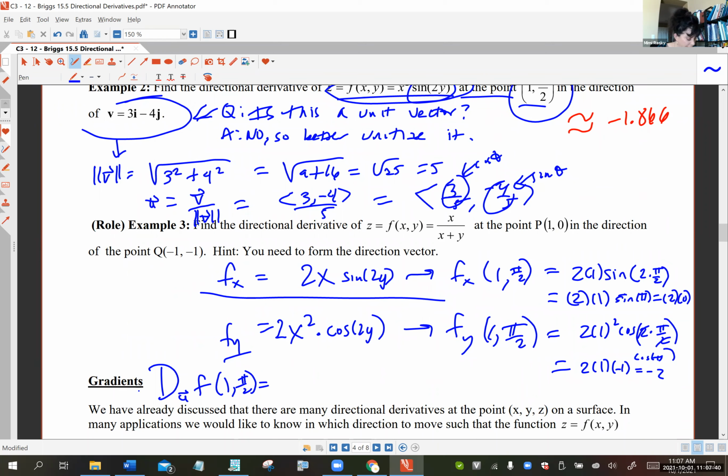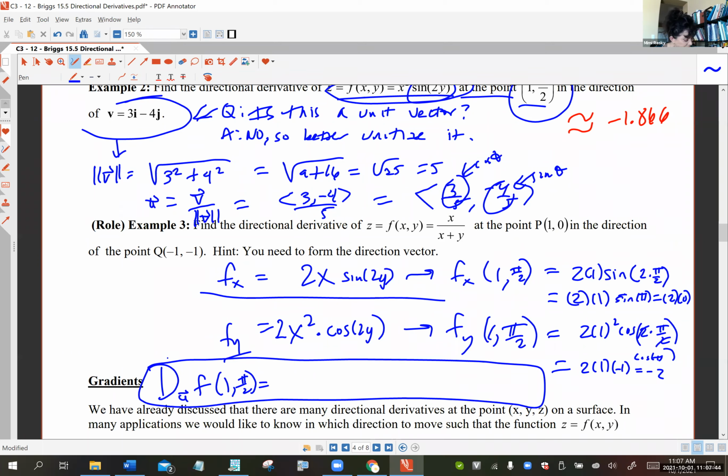So now when I get my big old directional derivative, I'm going to have f_x at the point, that's a big fat 0, as you guys just pointed out, thank you, times the x component of the unit vector, 3/5. But 0 times anything is 0, so why bother? I just want to make a point.